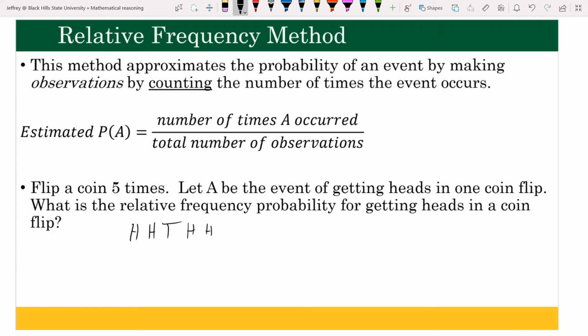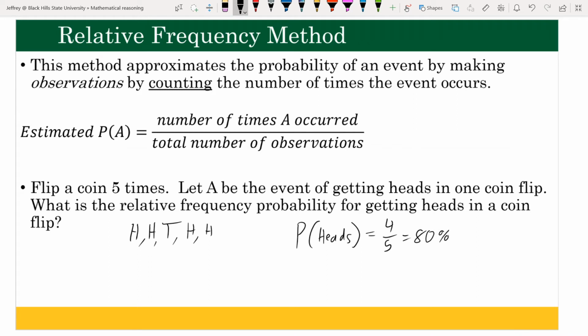If we're trying to find the probability of getting heads in one coin flip, based on our 5 coin flips, we would say the probability of getting heads is 4 out of 5, or 80%.